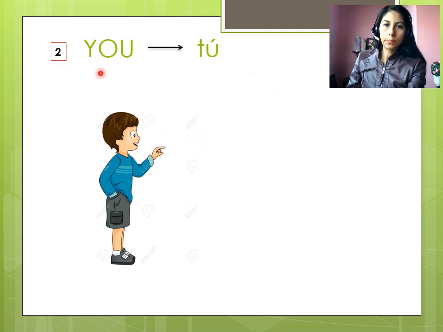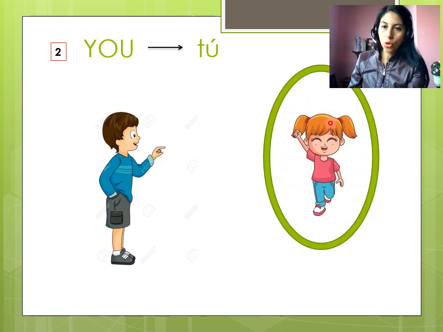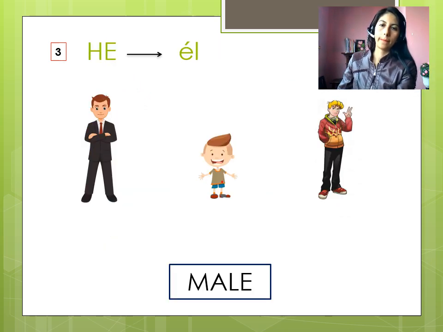The second subject pronoun is you, tú in Spanish. This boy points to someone, a girl. So, this picture is referring to the subject you. The third subject is he, él.